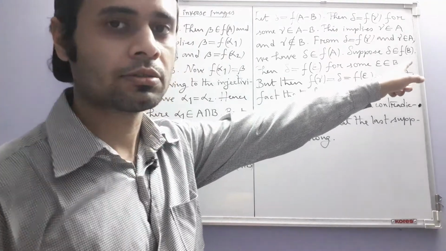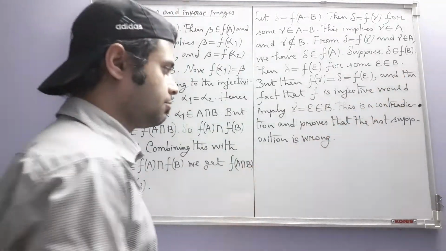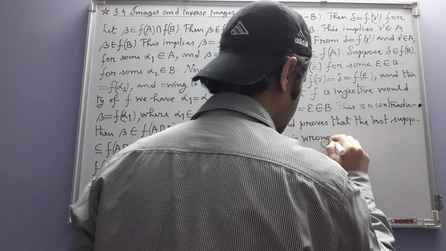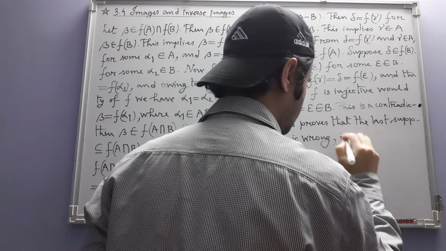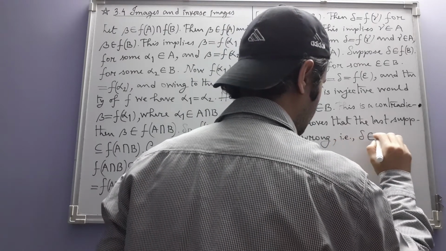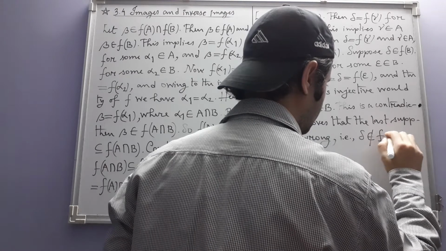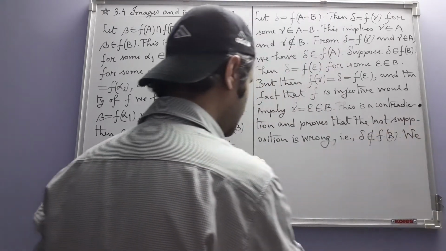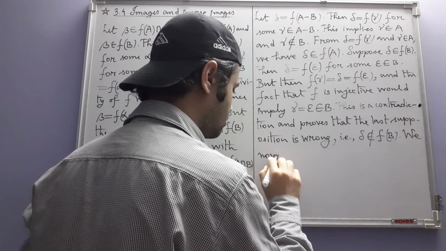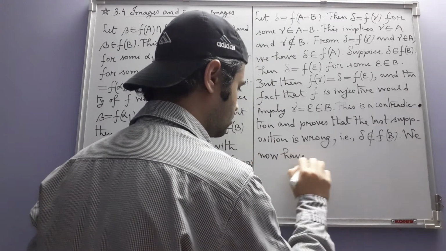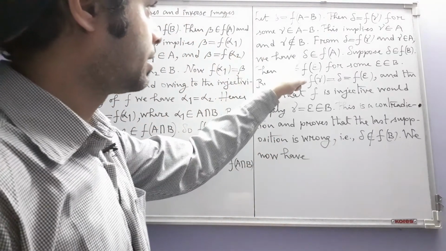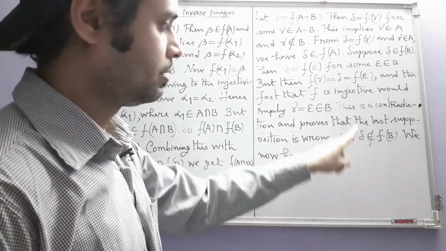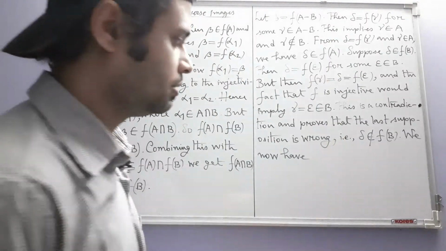That delta belongs to f of B, so that means it cannot be in f of B. That is, delta does not belong to f of B. So we now have delta belonging to f(A) and delta not belonging to f(B).